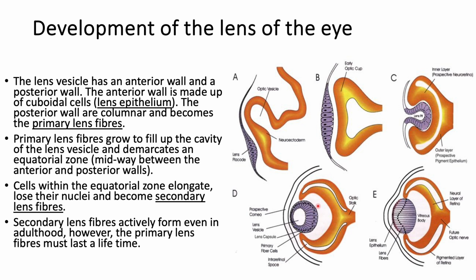However, as time goes on, a space appears in between the posterior portion of the lens and then the inner portion of the retina, which becomes the vitreous body. You remember I mentioned that in the first few slides, but the interretinal space still persists. Now the outer layer of the retina is the pigmented layer, and then the inner layer is the neural layer.